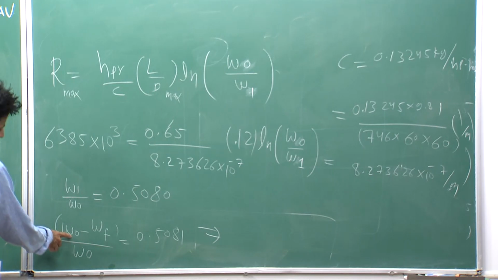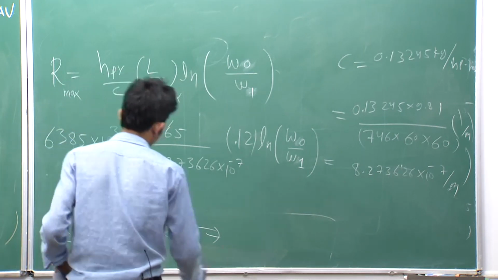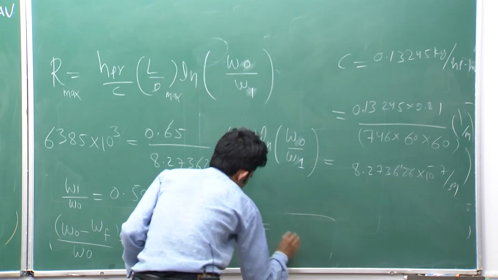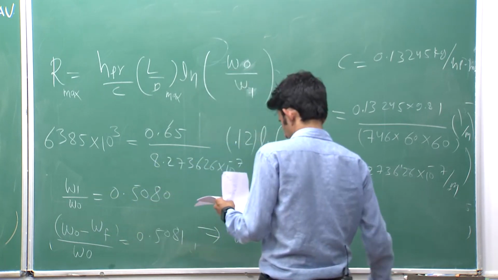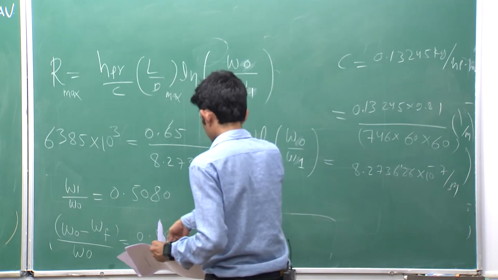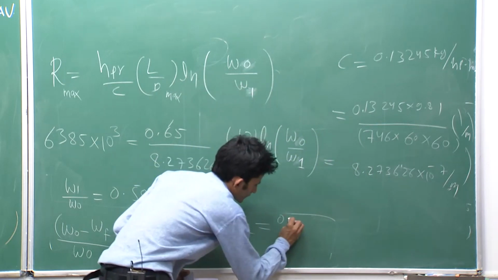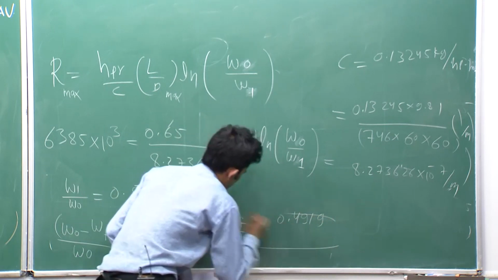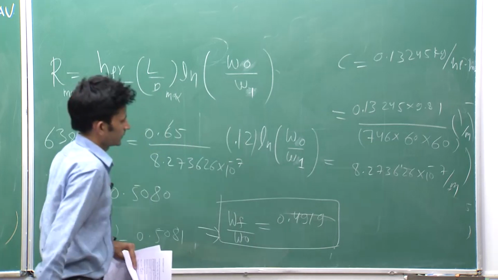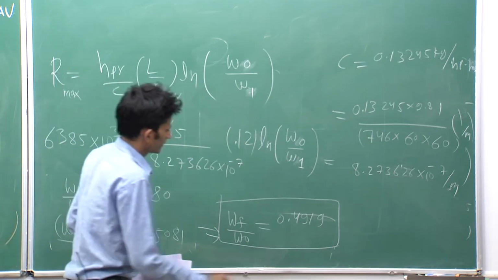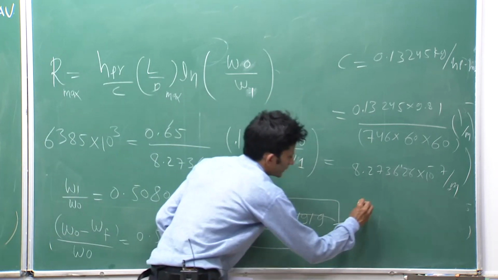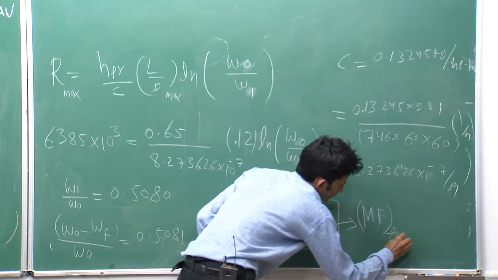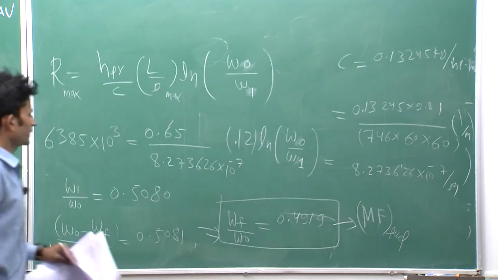If you take this term separately, you will get WF by W naught as 1 minus 0.5081, which will come to 0.4919. So this is Wf by W naught. You can say this is the mass fraction of fuel. Okay.